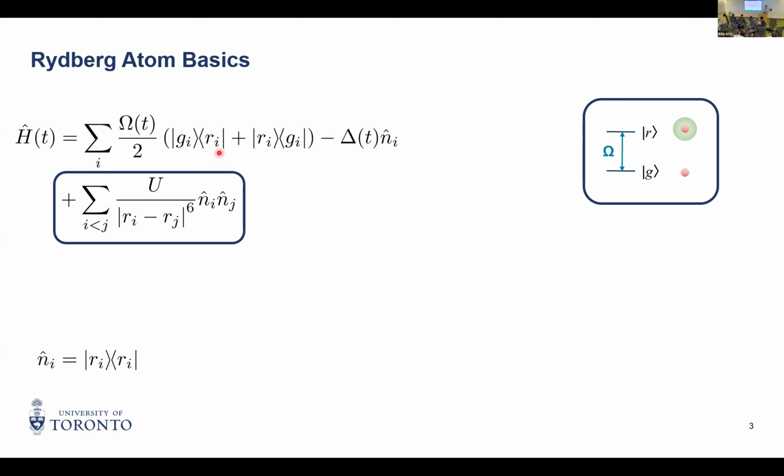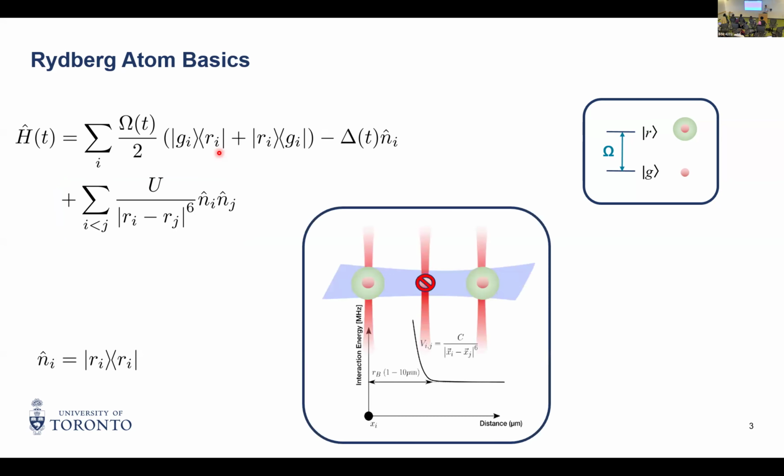The important consequence of this is something called the Rydberg blockade, which is a phenomenon where neighboring Rydberg excitations or neighboring atoms prevent each other from being simultaneously excited into the Rydberg state, because if they're too close, this 1/r⁶ blows up and it just becomes energetically unfavorable for them to simultaneously excite. So what we're going to see is that there's this competition between the detuning, which maybe wants to populate a lot of Rydberg excitations, and this blockade phenomenon that prevents them from happening simultaneously.